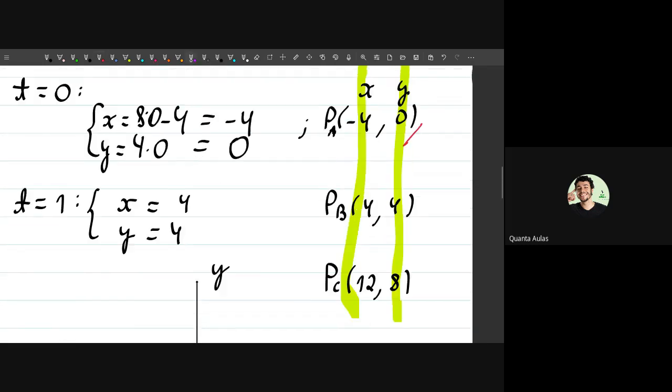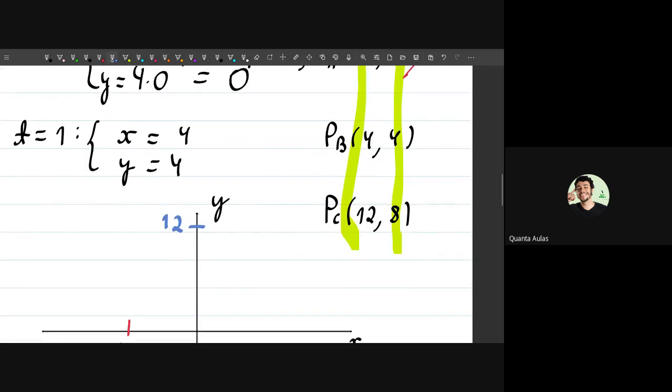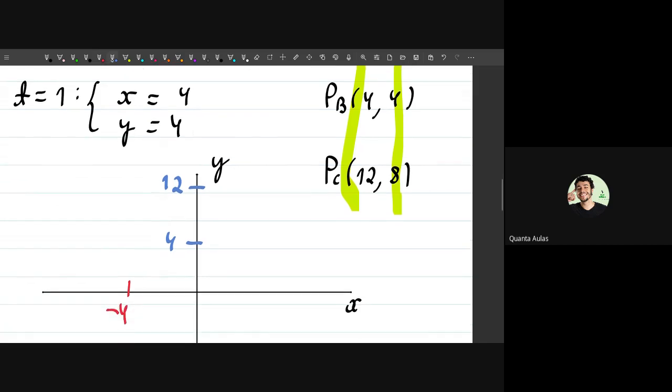For example, I will put it closer to the xy plane. In the xy plane, here is y, so here 12. We can put here 4, and in this cross, we have 0. 0 for the x and 0 for the y. So here, we can put our point.